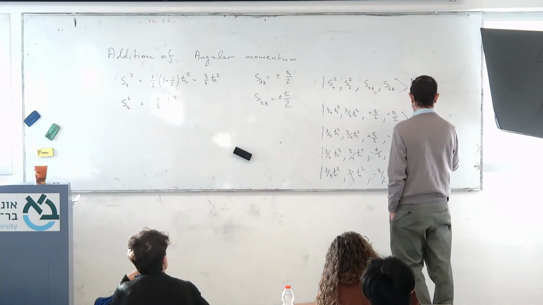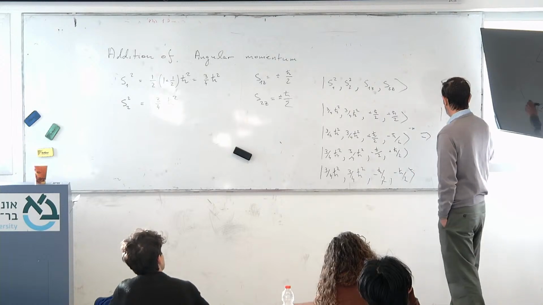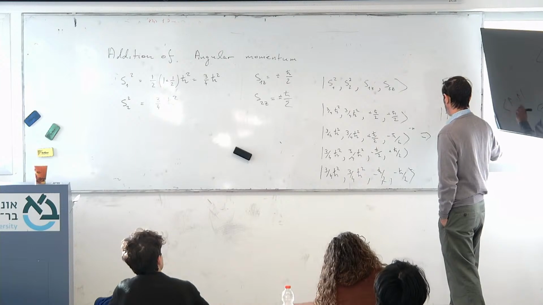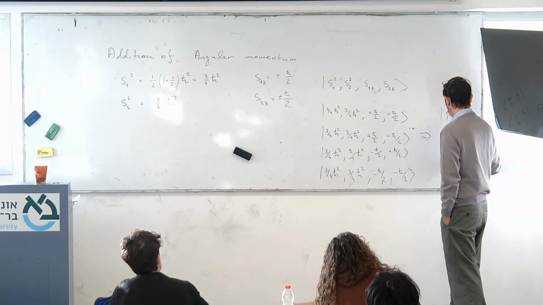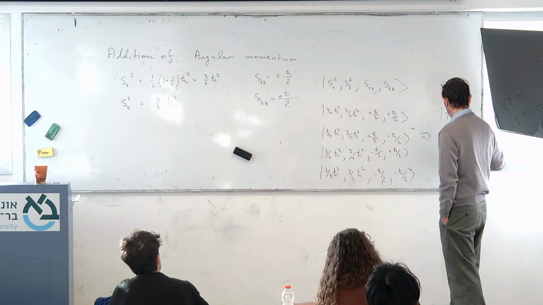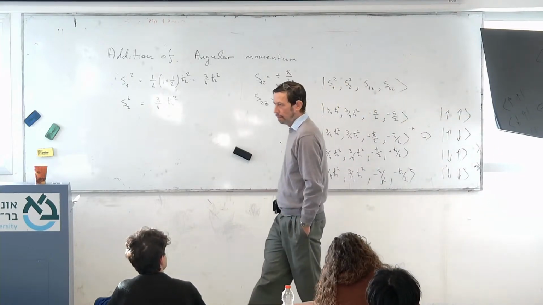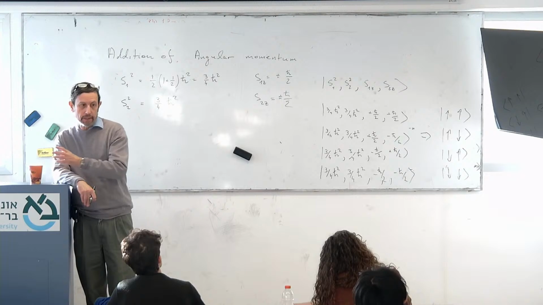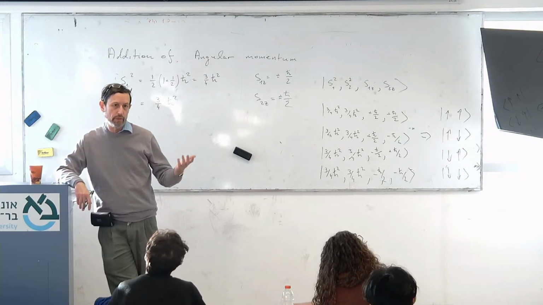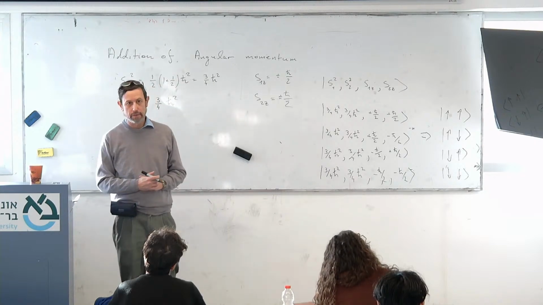So instead of writing this long description, and even simpler, an arrow up and an arrow down tells me h bar over 2 or minus h bar over 2 for each z component of one of those particles.